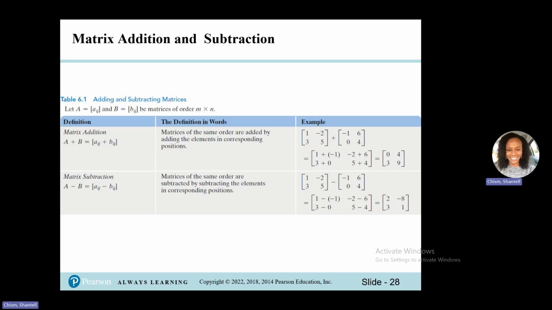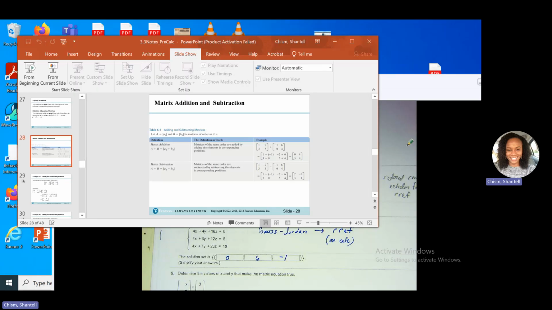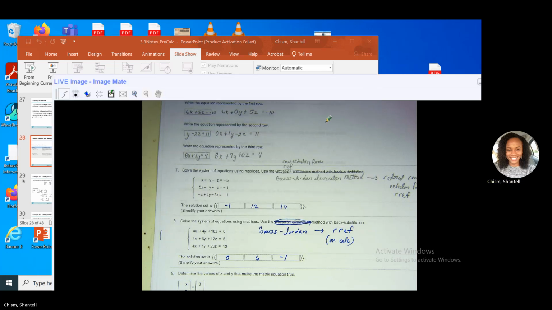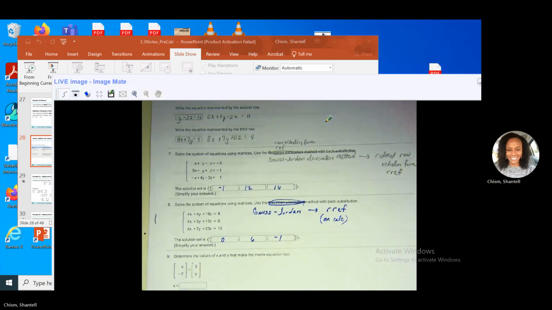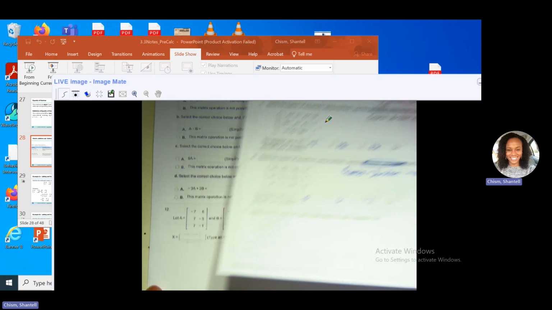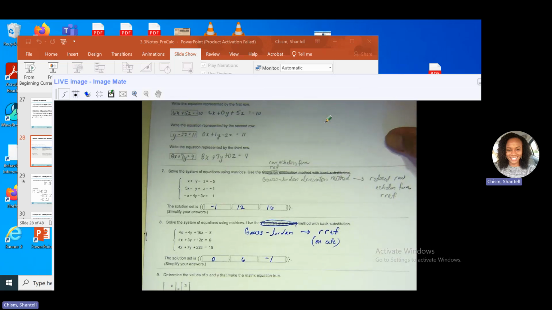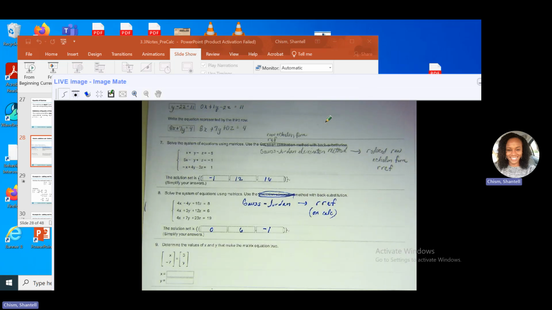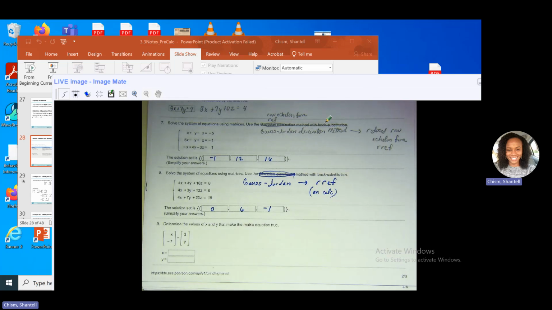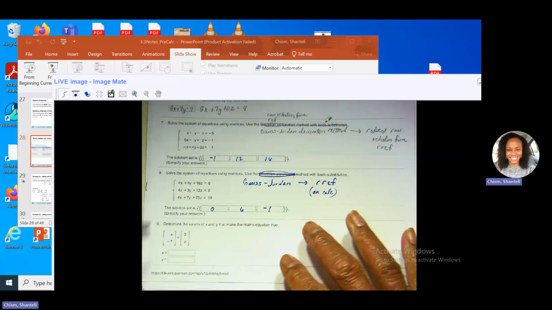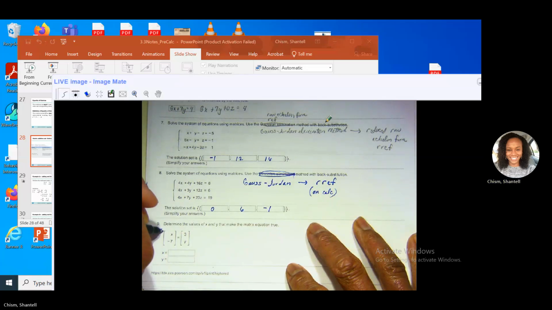Let's go here to our examples. So let's look at number 9. It says determine the values of x and y that make the matrix equation true. Well, the good thing here is that both of these matrices are of the same size. This one is a 2 by 1, and so is this one.